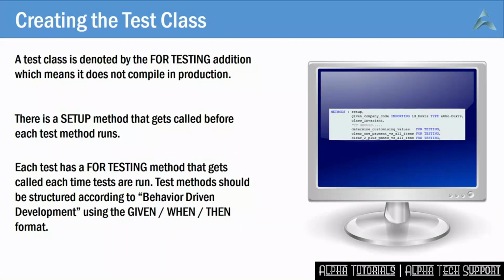The reason being that tests should not be able to influence each other, i.e. the result of one test should not be able to influence the result of another test. SAP says that the order the test methods are called in is random.